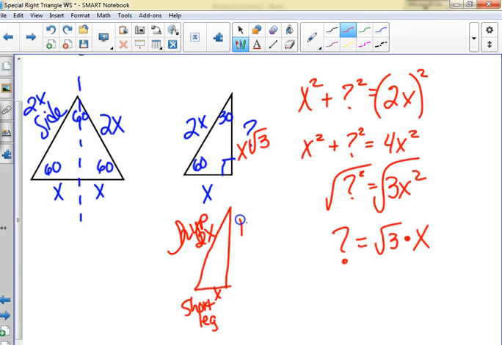And then this is the long leg. You know why I know that one's longer? Because it's opposite of the 60 and the shortest leg is opposite the smallest angle. Remember all this geometry? It's just coming back to you. So this one is short leg times square root of 3. Everybody remember this pattern now?